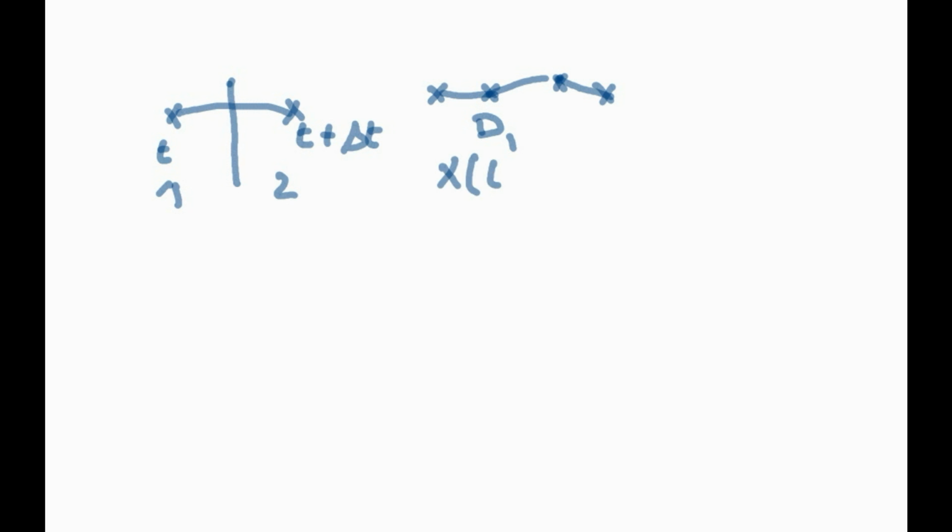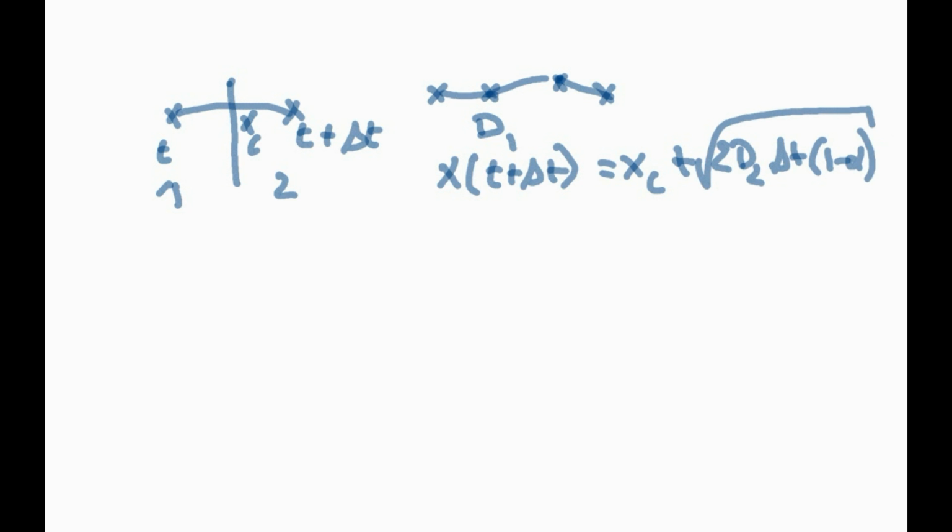So this suggests that we should change the way we do the simulation at the interface. We should imagine that we have a first point of intersection, x_c, and from x_c we change the position of the last point with square root of 2 D2 delta t times (1 minus alpha), where alpha represents the fraction of the trajectory.